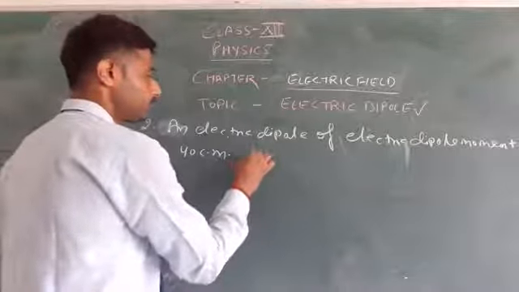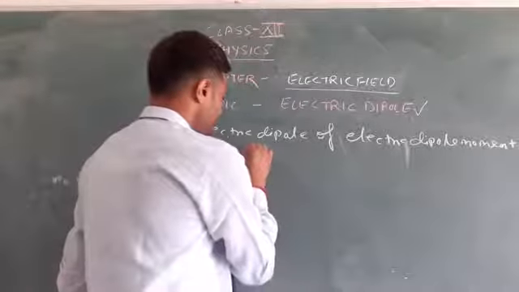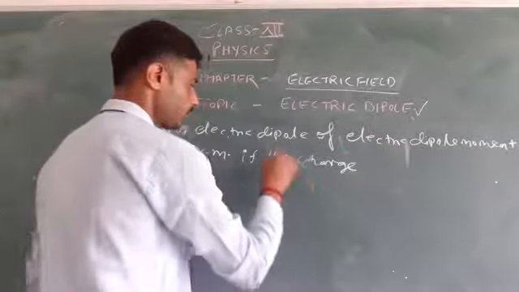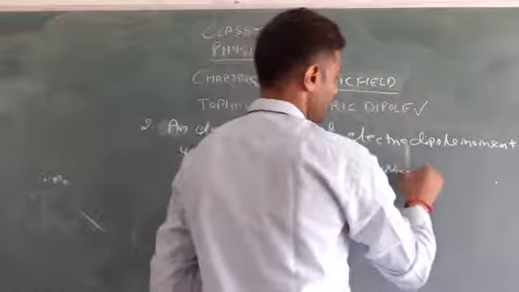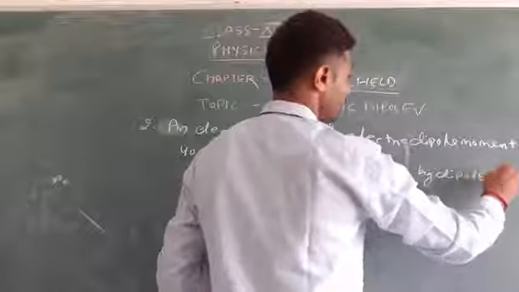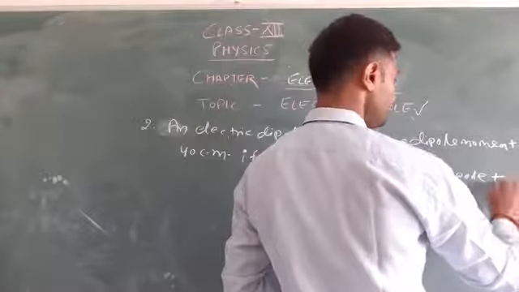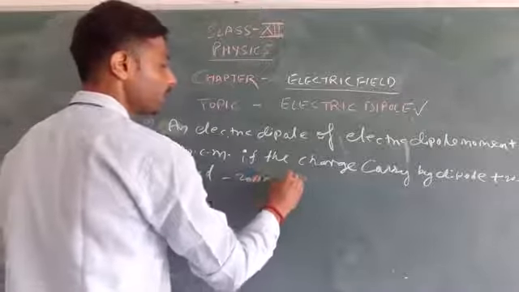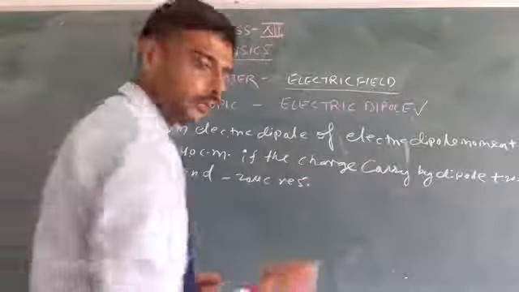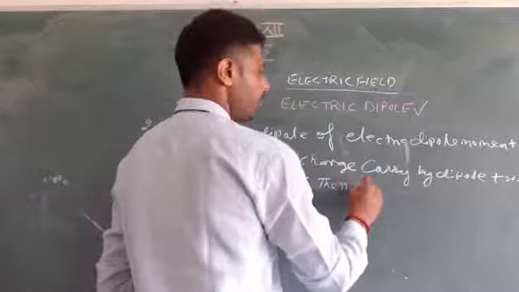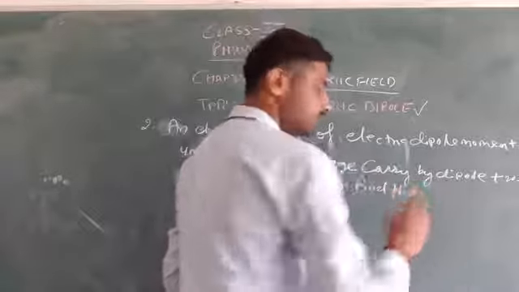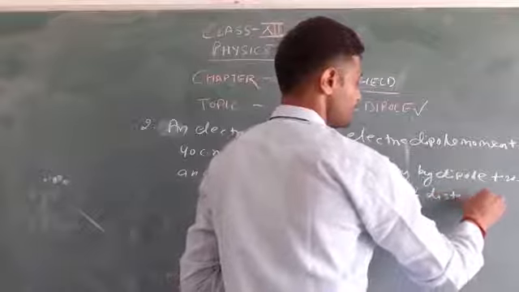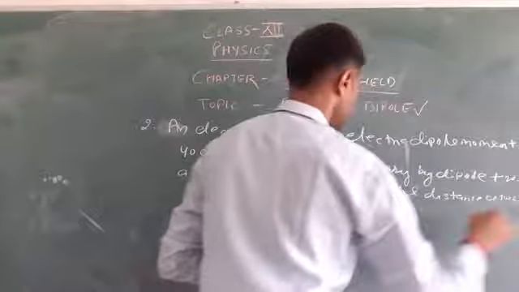If the charges carried by the dipole are plus 20 microcoulomb and minus 20 microcoulomb respectively, then find the separation, or the distance between the charges.